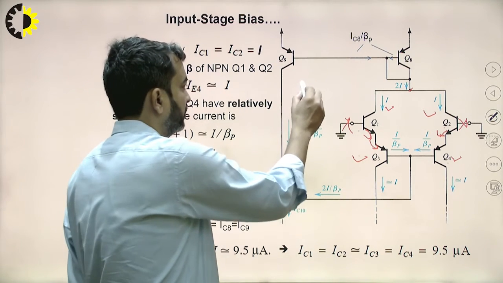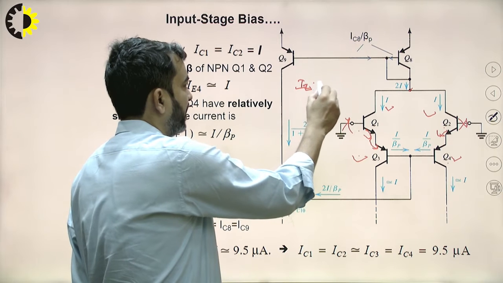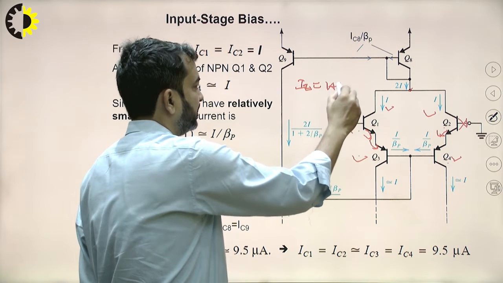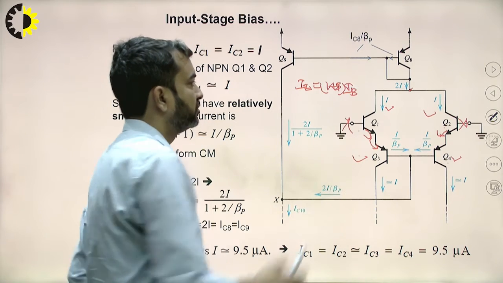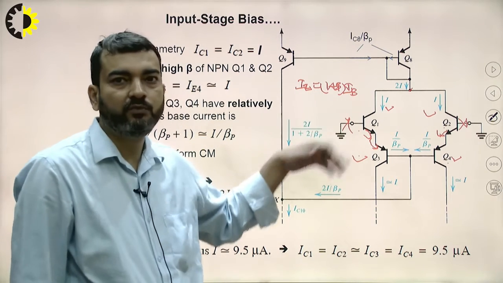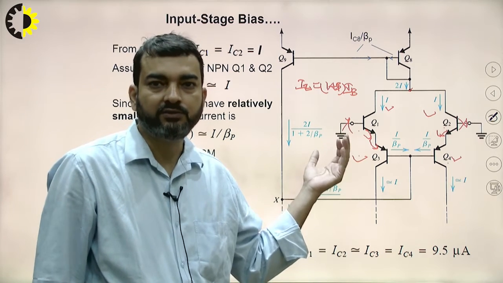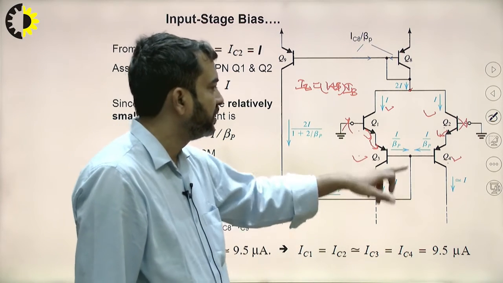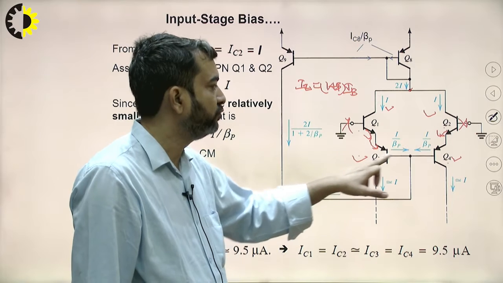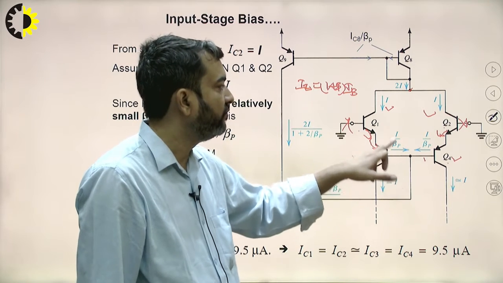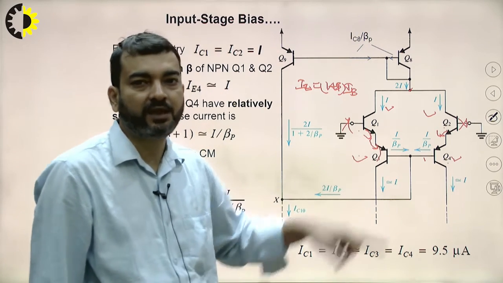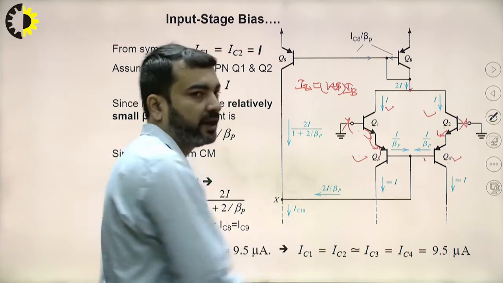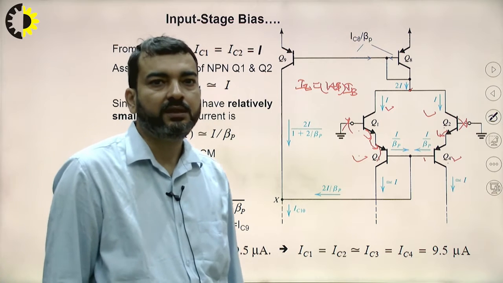We know IE is equal to (1 plus beta) times IB. Using this, and assuming beta is much higher than unity, the base current of transistors Q3 and Q4 will be I upon beta P, because Q3 and Q4 are PNP transistors.